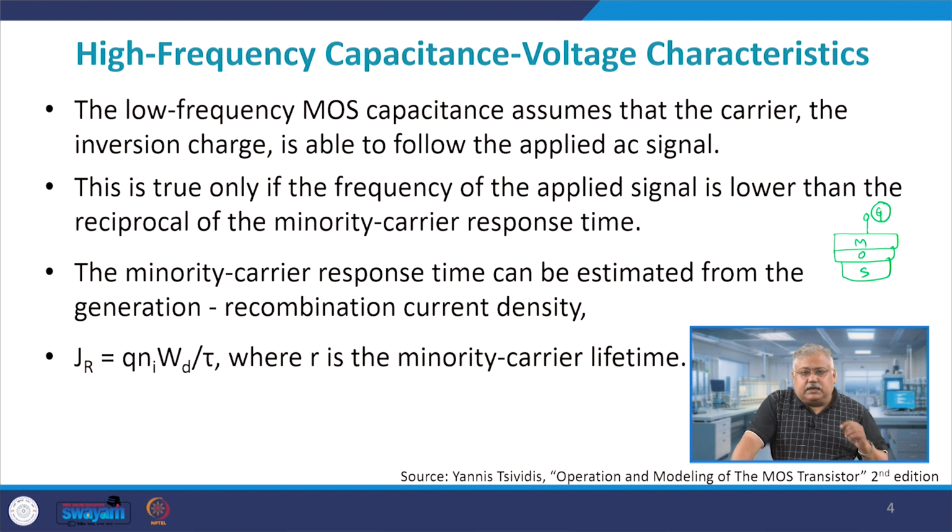The second thing is that the frequency of the applied signal should be lower than the reciprocal of the minority carrier response time. What do I mean by that? If you take tau as the minority carrier lifetime, a response time, assume yourself to be a carrier and you respond to inputs from your friends and family, say within 1 minute.